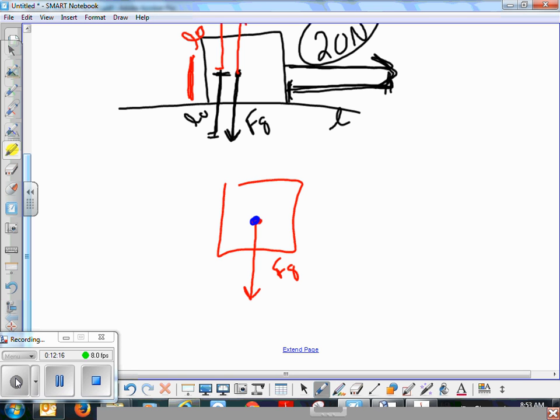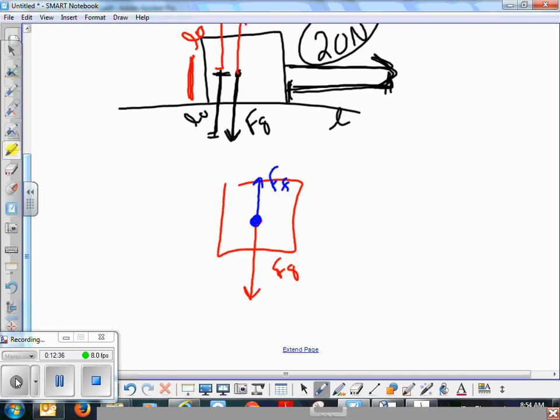Mathematically, it would be when the force of the air friction is equal to the force of gravity. So there's no acceleration. If this thing is still accelerating, then we have a net force and could put some a.